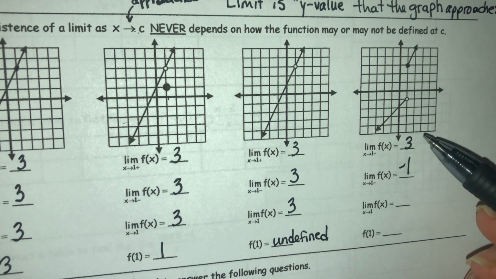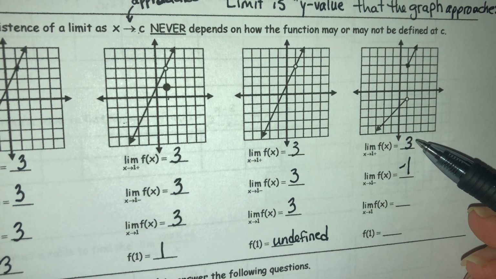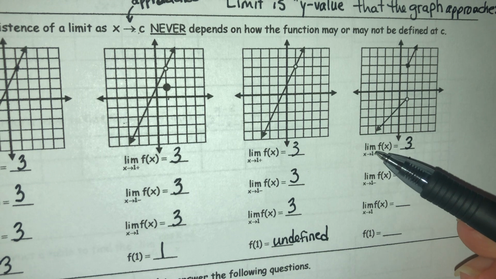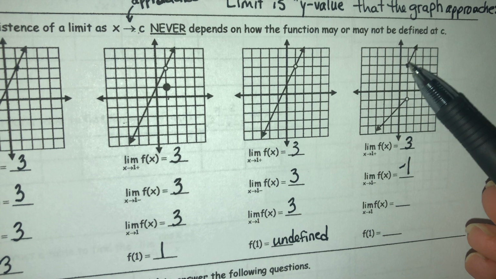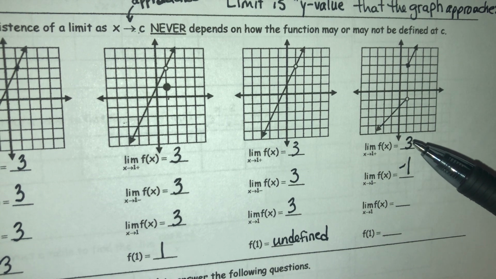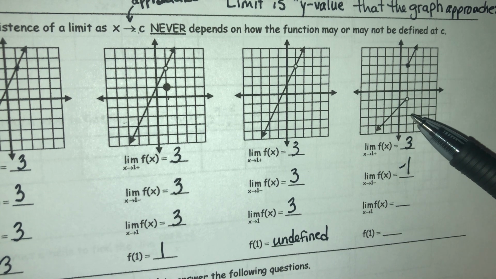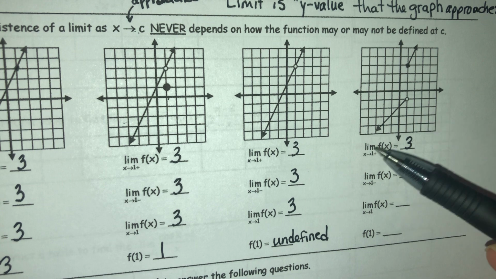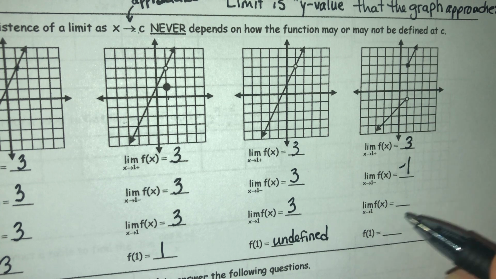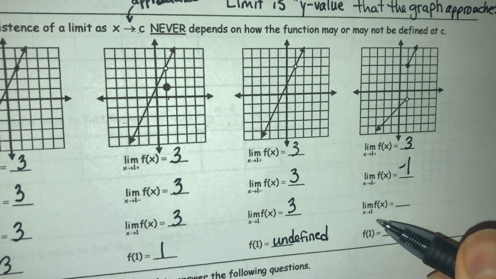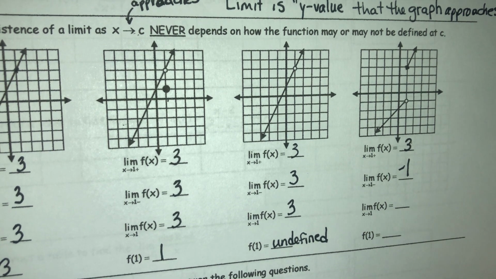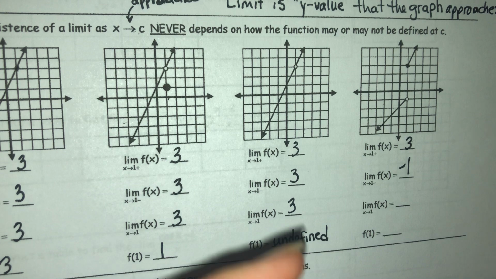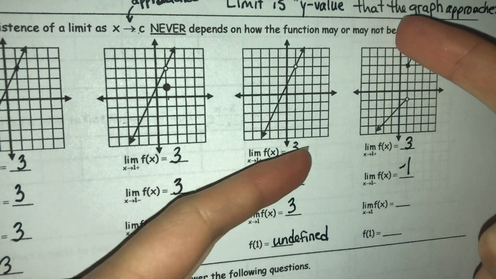This is the first time the x value matched, but the y value did not, because this graph is like a completely disconnected pair of pieces. So the limit as x approaches 1 overall of f of x is not 3 and it's not -1, because it would have to be going toward that same value from both sides of the graph.